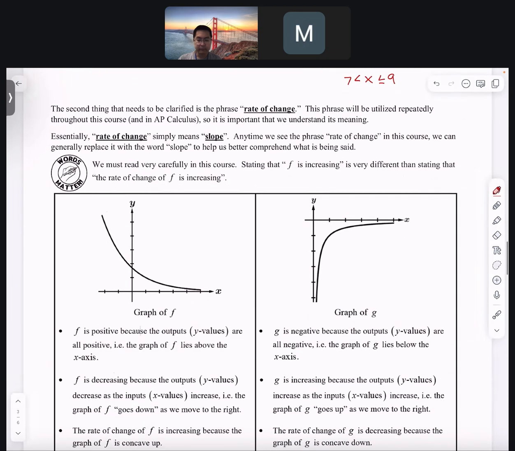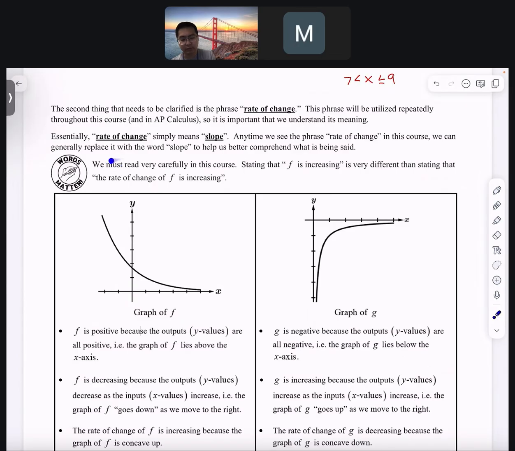Again, we've been talking about this, but the second thing that needs to be clarified is the rate of change. This phrase will be used repeatedly throughout the course. Essentially, the rate of change means the slope, right? Anytime we see the phrase rate of change in this course, we can generally replace it with the word slope to better comprehend.